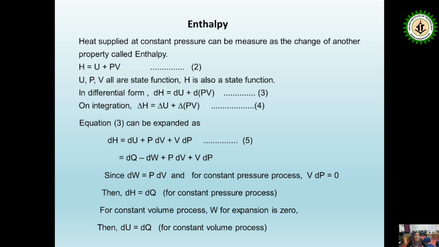When the system is at constant volume, there will be no work done. That means the system is unable to do work. So W equal to 0. And so the amount of heat added to the system is totally utilized for the change in internal energy.